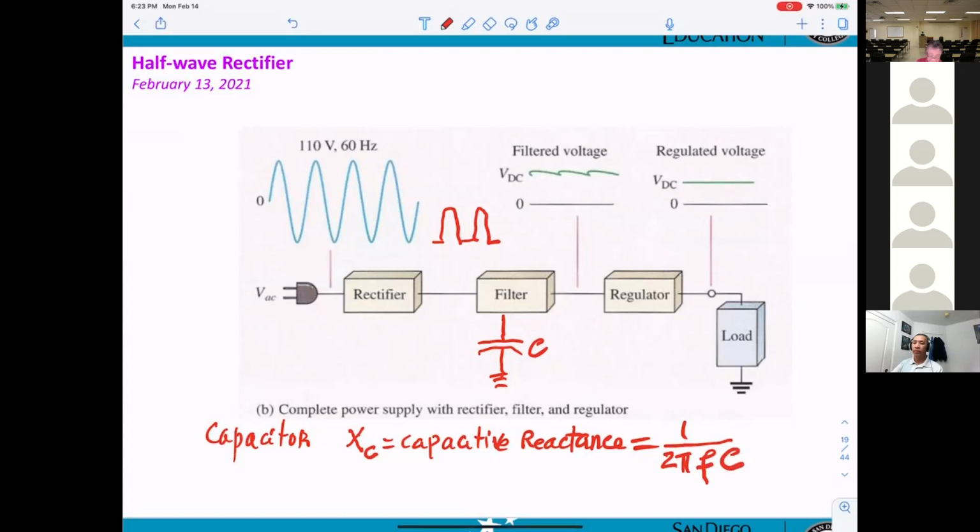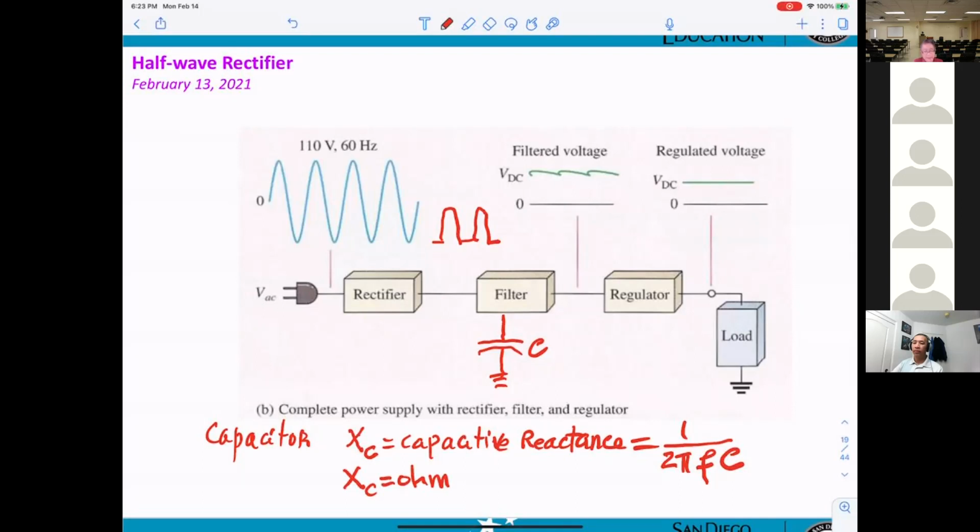XC unit will be in ohms. That tells you the capacitor can have a resistance. However, it's not called a resistor.